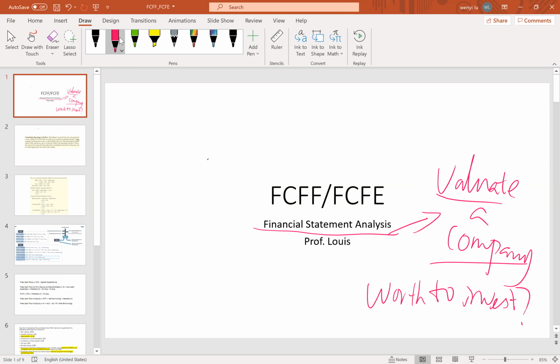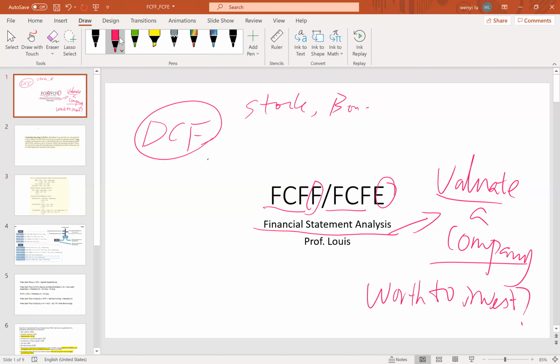So today we will study the most important models to evaluate a company: the free cash flow to the firm model and the free cash flow to the equity model. I think you already studied discounted cash flow in the principles of finance. We studied how to use discounted cash flow to evaluate financial assets like stocks, bonds, and capital budgeting projects.